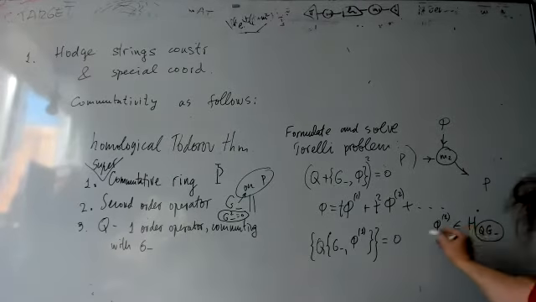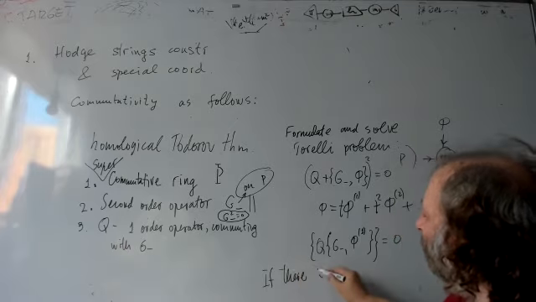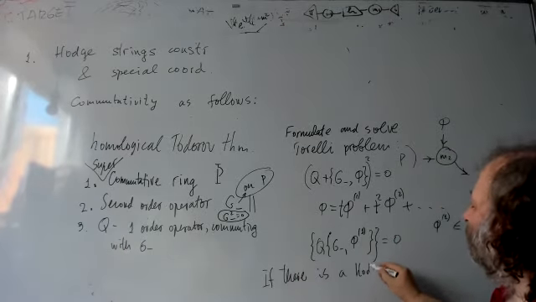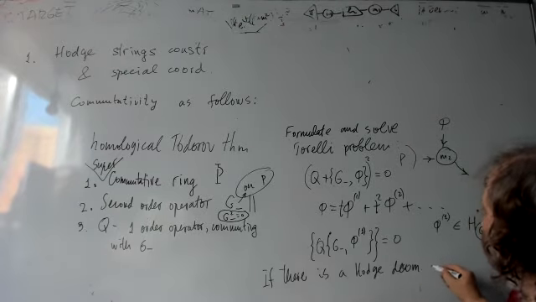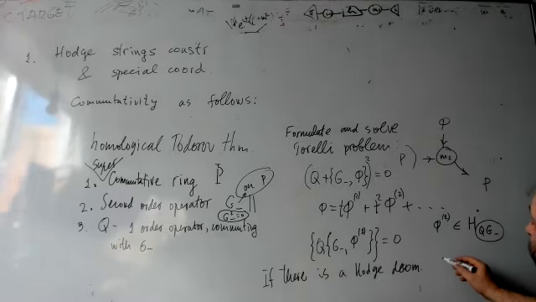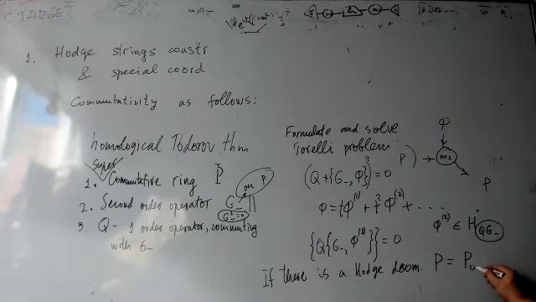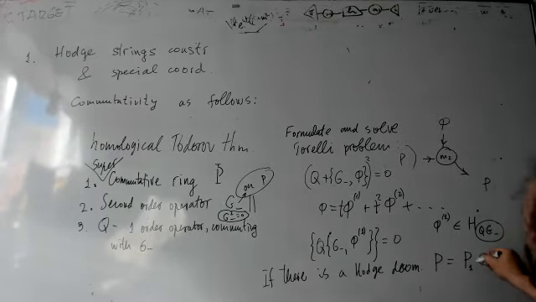What does this mean? If there is a Hodge decomposition, then the space P is decomposed into this sum. Let me call the first summand P1.